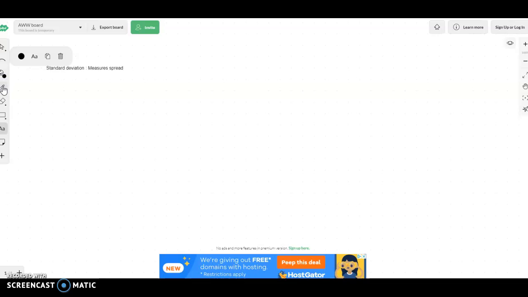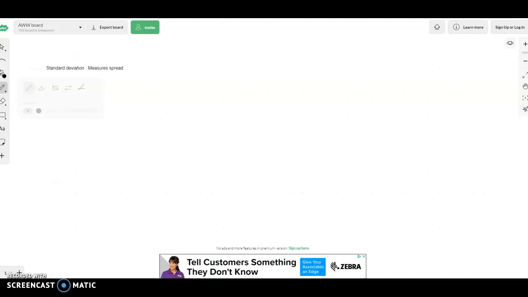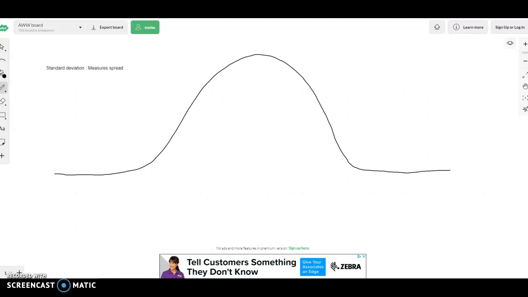So again, our normal curve, oh yeah, that looks like a pretty good bell curve. Pretty good today. Anyway, so our mean is generally in the middle. Okay, no questions about it.